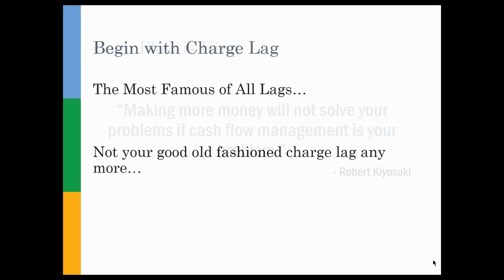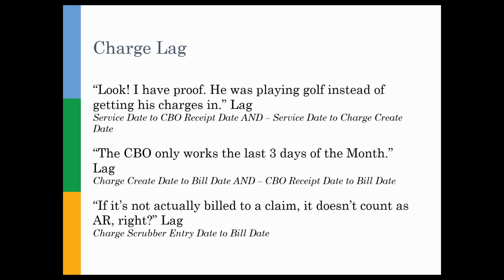So it used to be that we would measure the famous charge lag between the date of service and when the charge was posted. Well, now we've got more front-end claim scrubbers, and we have charges sitting in these front-end systems. Although we may not be adding days to our charge lag overall, we really have the need and the ability to get to a more granular level to determine at which point in the charge capture process might be causing extended lag times.